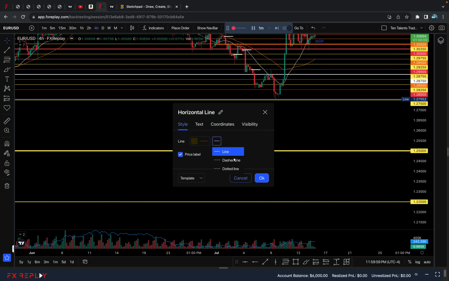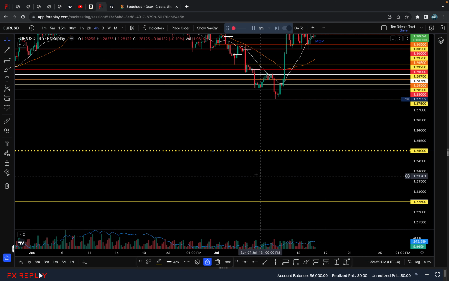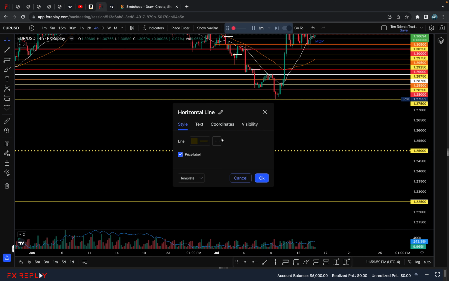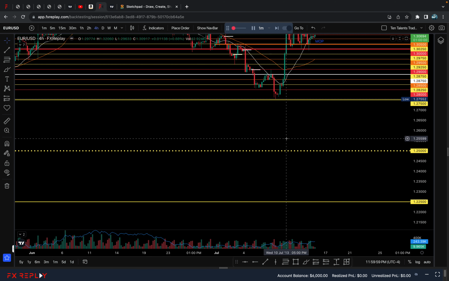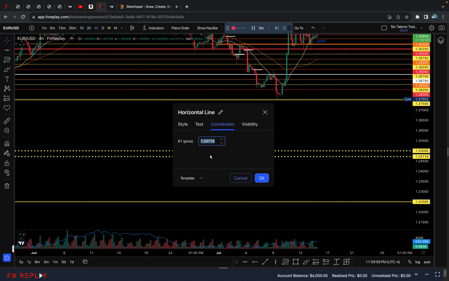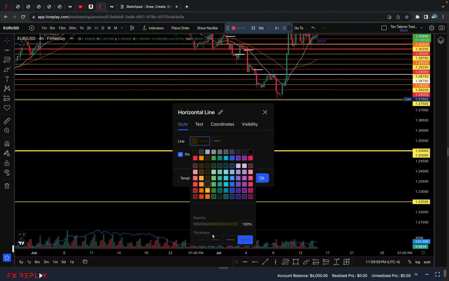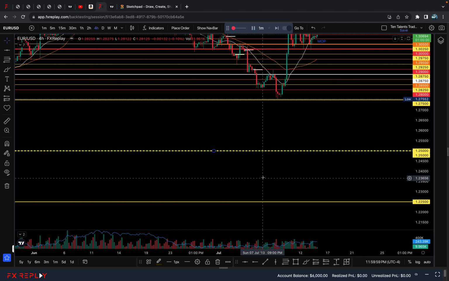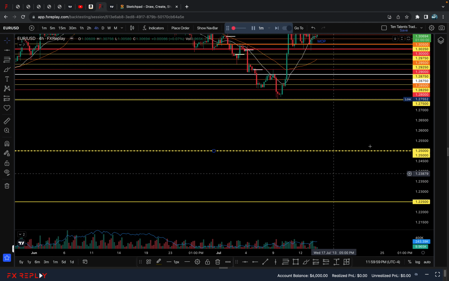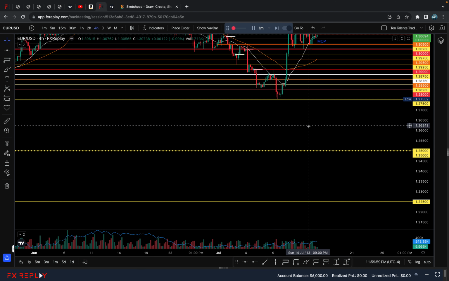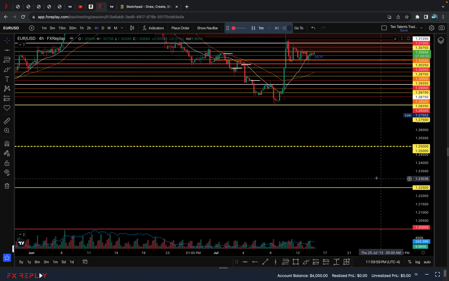Normally I'd have it like that, and then I would have this little level right here like this. I don't have them organized yet either. Actually, I just started organizing them.